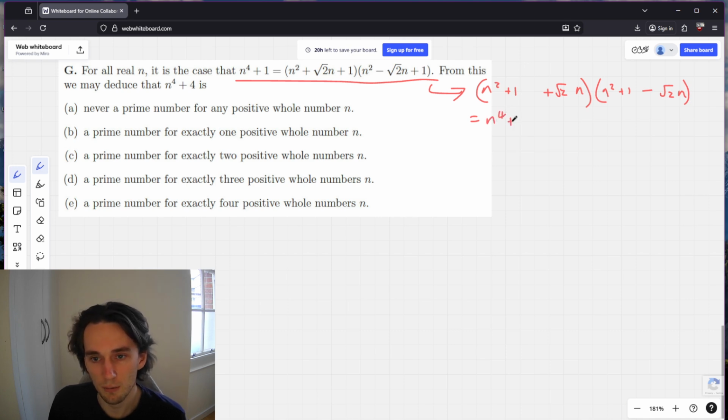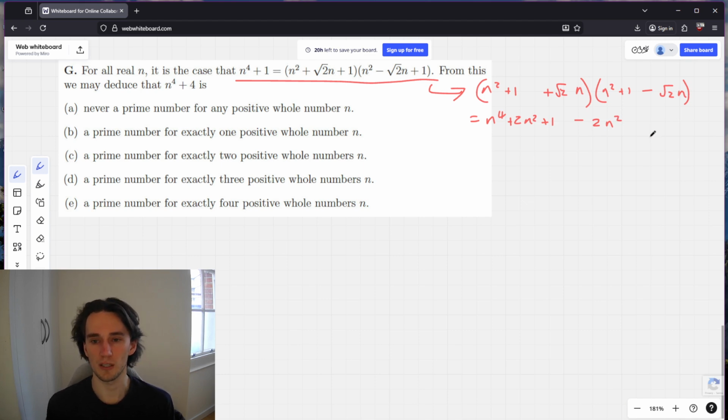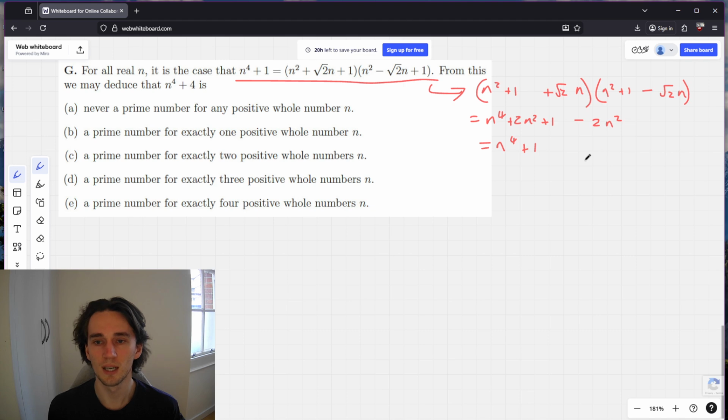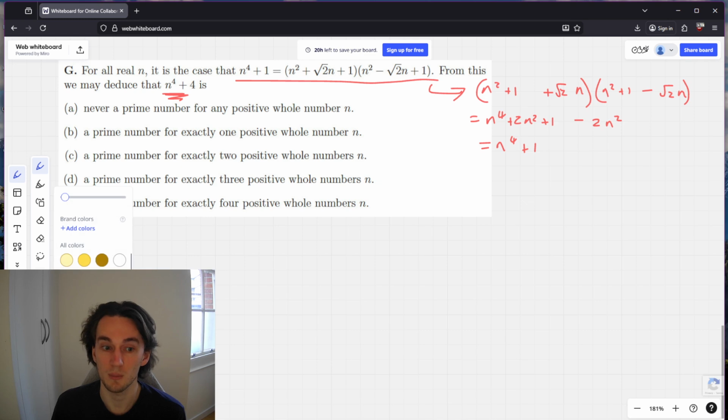So n to the 4 plus 2n squared plus 1 minus 2n squared. There's our difference of two squares, which luckily is n to the 4 plus 1. Aha! So now we see why this works. Can we apply it to this new case? Because that must be why they've given us the information.